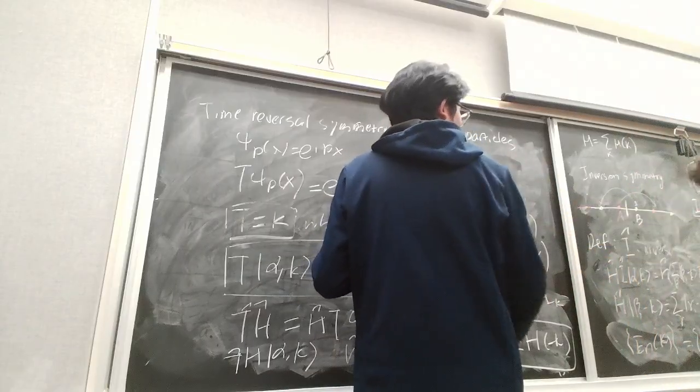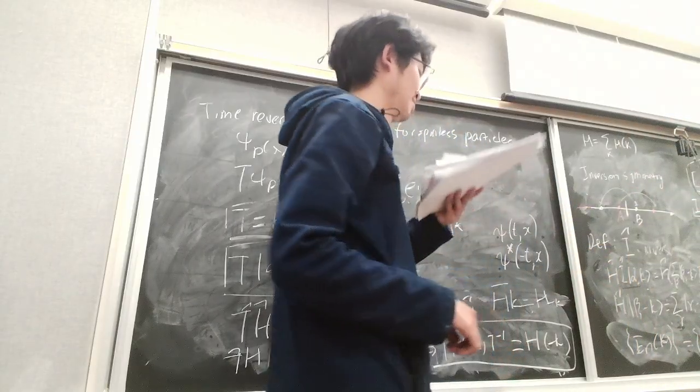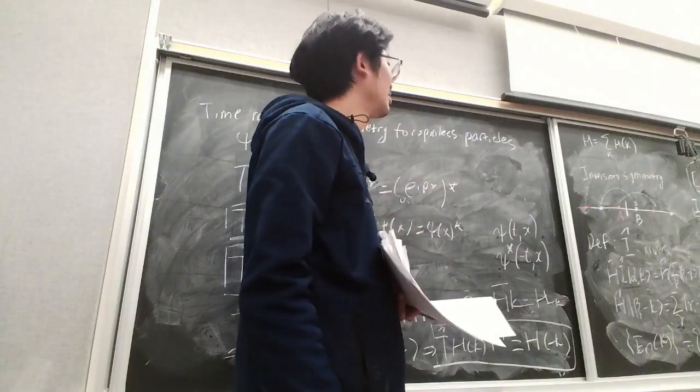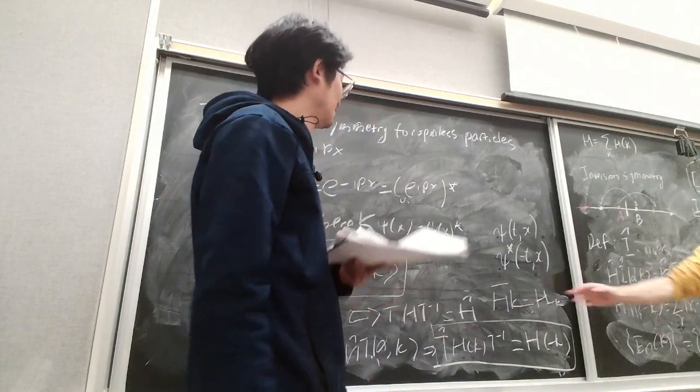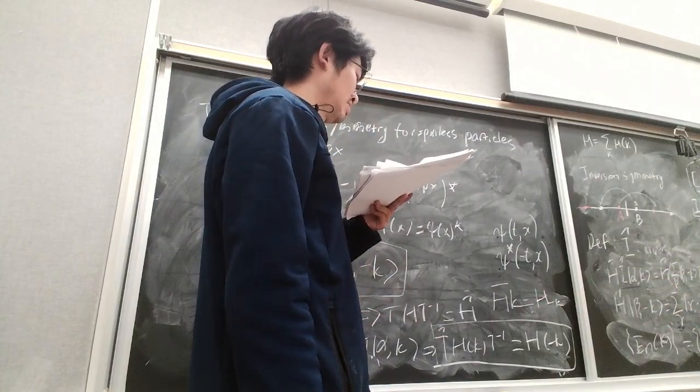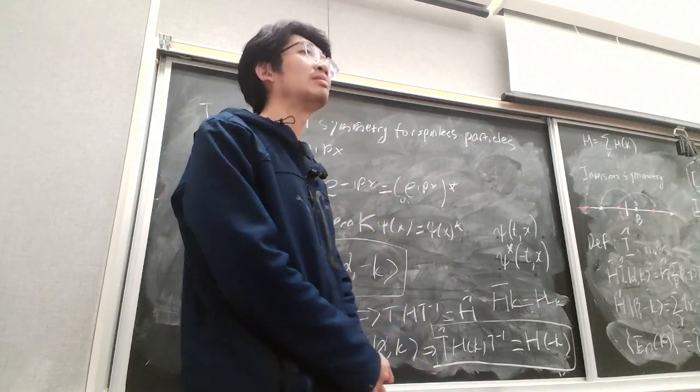Sorry, you wrote that. So in time reversal, even though it looks similar, you get this additional constraint on how different parts of the Hamiltonian are related to each other.